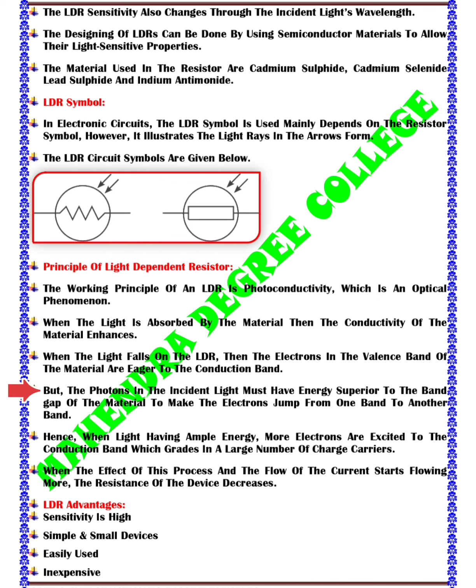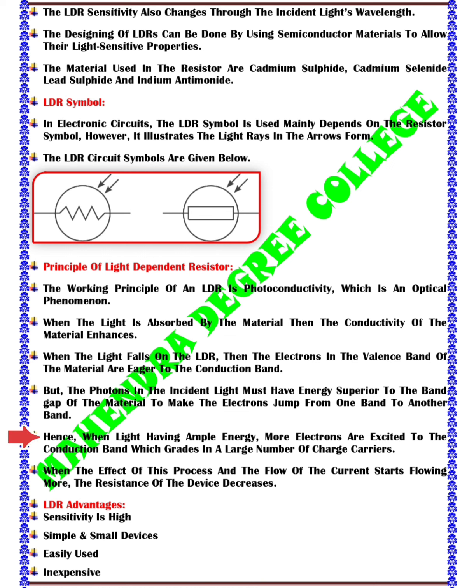For an electron to be excited and jump from one energy band to another in a material, the incident light's photons must possess sufficient energy, exceeding the material's band gap. This band gap represents the minimum energy required to move an electron from the valence band to the conduction band.